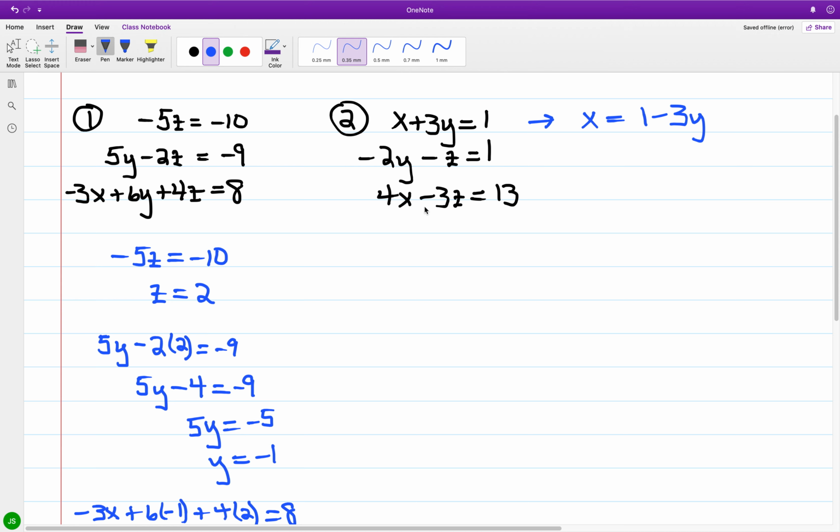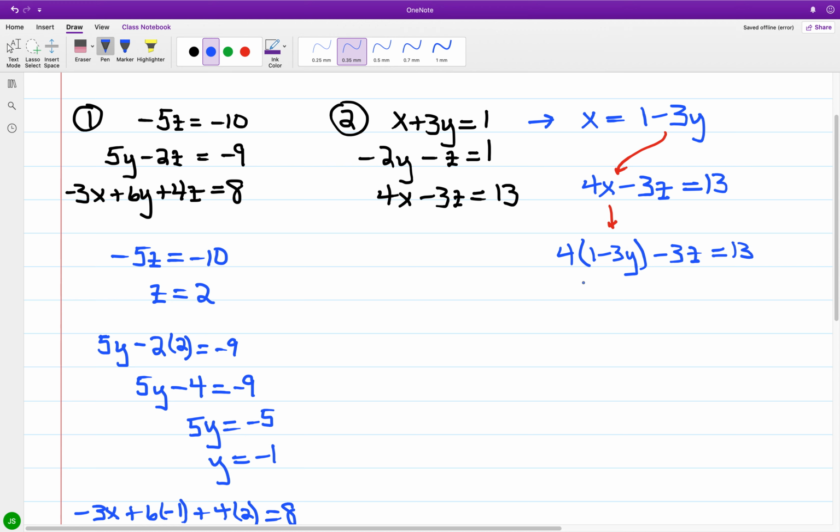For our other equation that involves x, we have 4x minus 3z is equal to 13. What I can do in the meantime is substitute for x, saying that I have 4 times the quantity of 1 minus 3y, minus 3z is equal to 13.